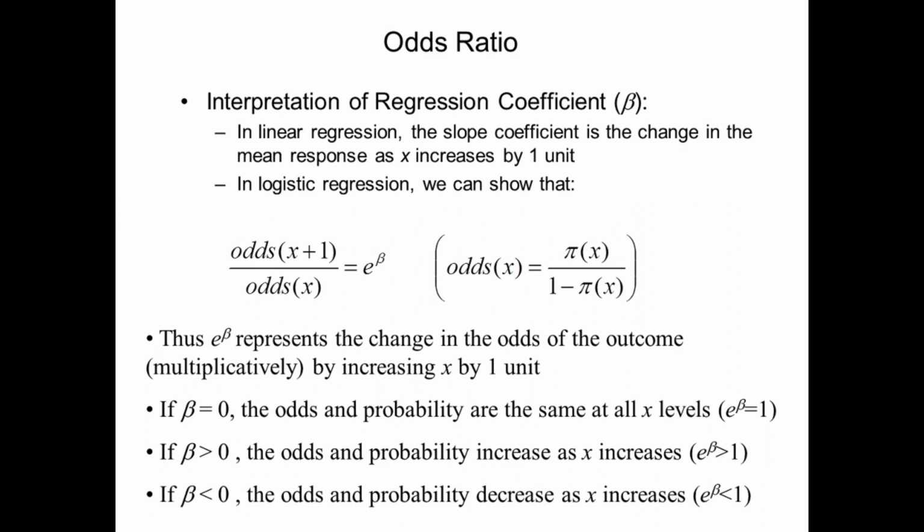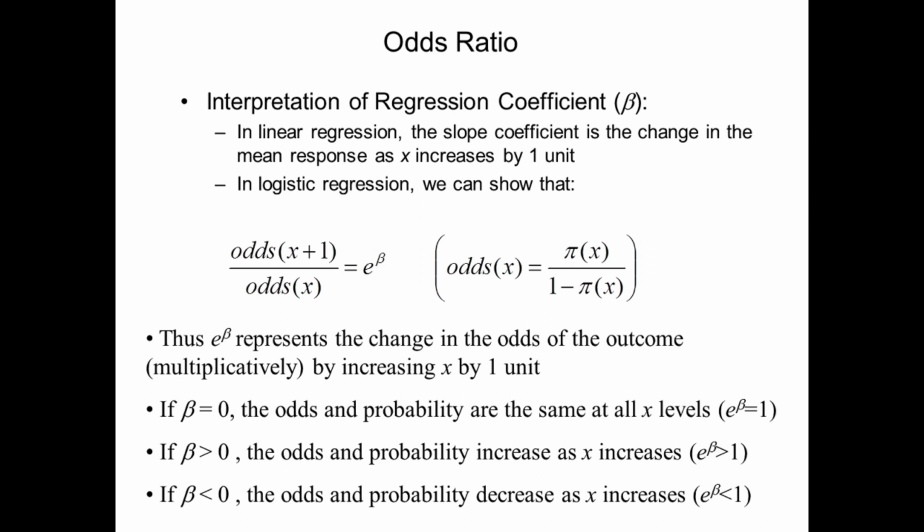So exponential of beta 1 represents the change in the odds of the outcome when increasing x by 1 unit. If beta 1 equals 0, we can say that the odds ratio and probability are the same at the x level.